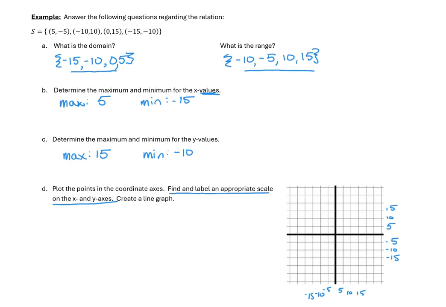So we have 5, -5. Remember, points, we are going to go left and right and then up and down. So here I want to go 5 to the left. Again, we're using a scale, and I want to go 5 down. And so my point is going to be right here.